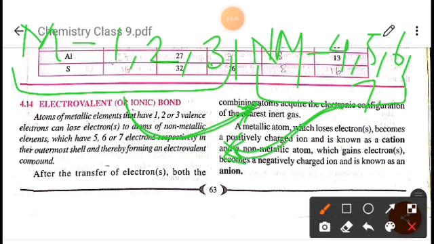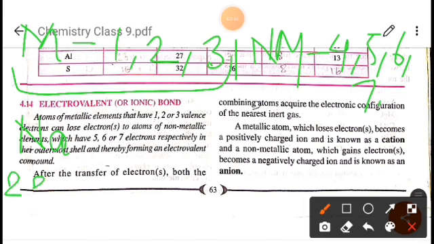Now suppose there is a metal, and the metal is sodium. Sodium is a metal, so it has a tendency to give electrons. The electronic configuration of sodium is 2, 8, 1, which means there is 1 electron in its outermost shell.